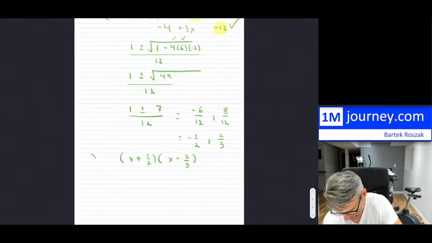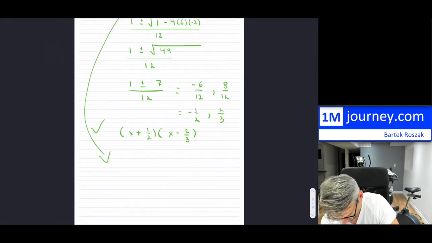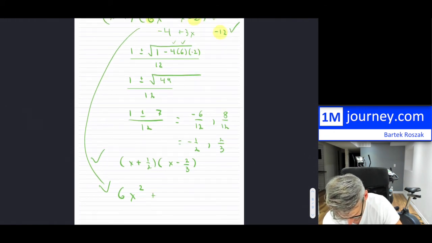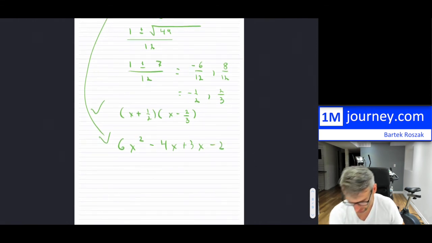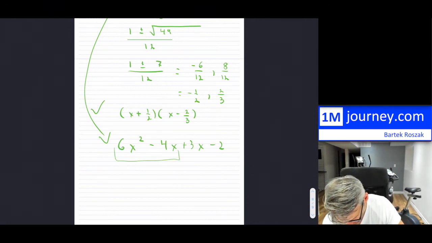So instead of doing all of this, let me just complete it. So it's going to be minus 4x plus 3x minus 2. So I'm just doing decomposition. All right, so now grouping these two together, I can take out a 2x, and that's going to leave me 3x minus 2.